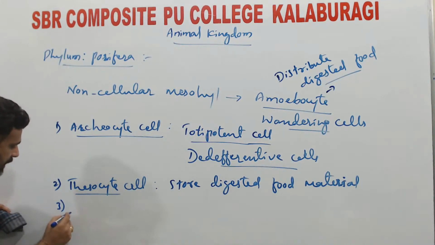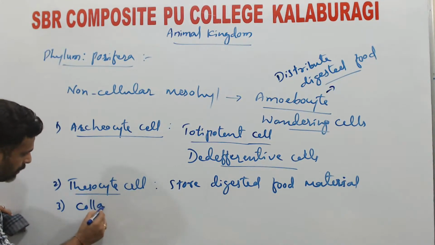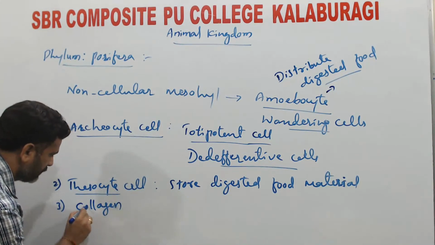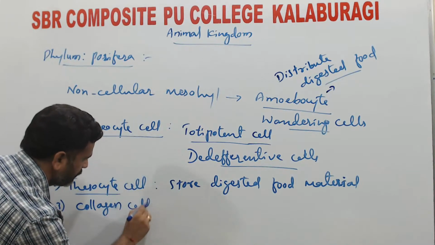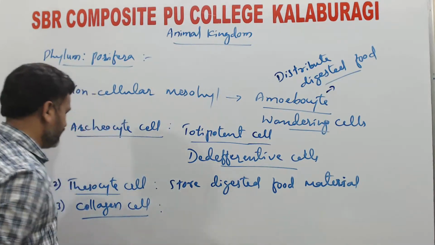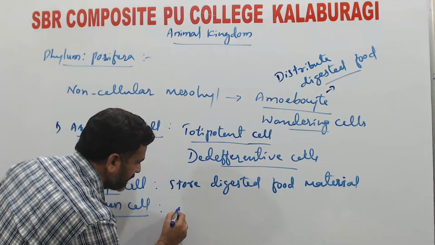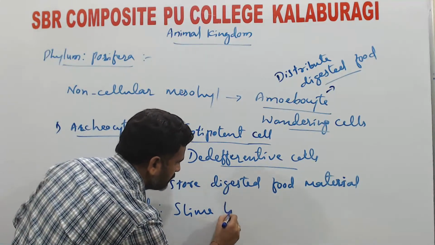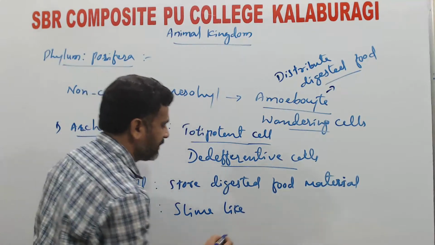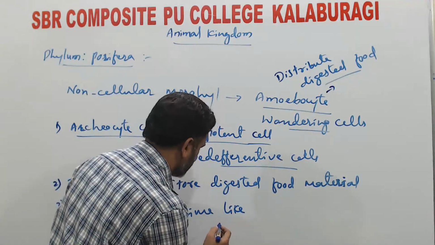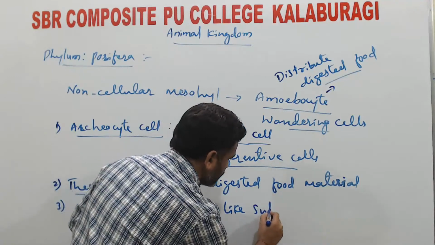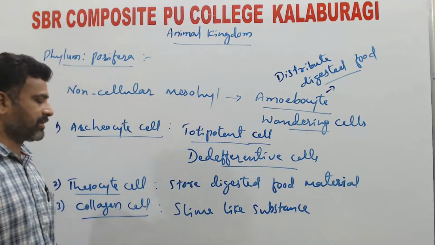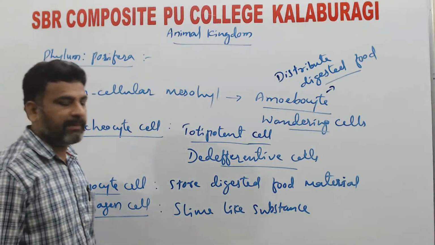The next one is collagen cells. The collagen cells mainly secrete a slimy-like substance.